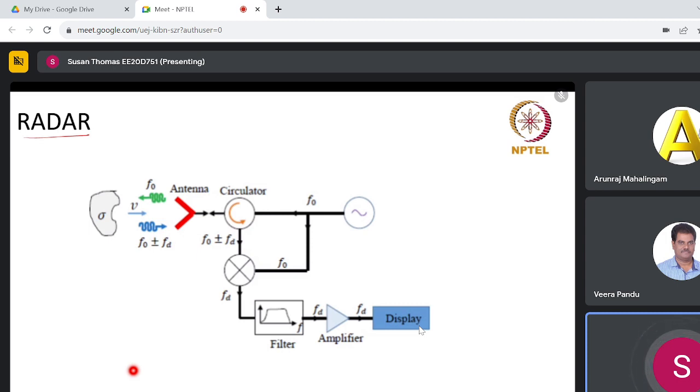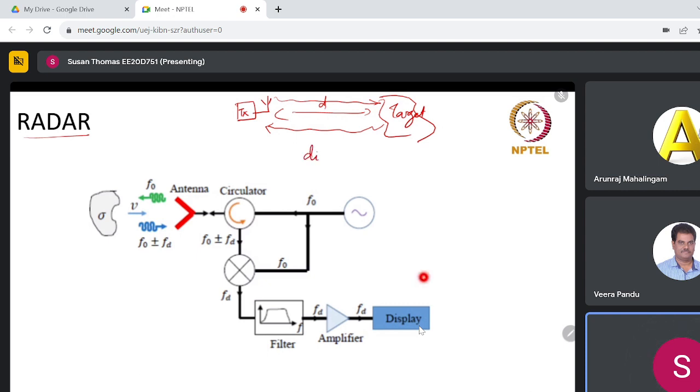To give you a fundamental refresh of the concept, say for example you have a transmitting antenna, and at some distance d you have a target. You send some signal to the target, you expect some backscattered signal from the target, and so the total round trip distance traveled can be written as 2d.